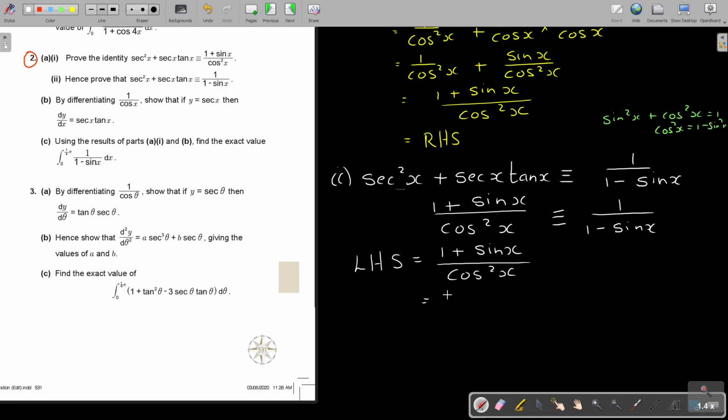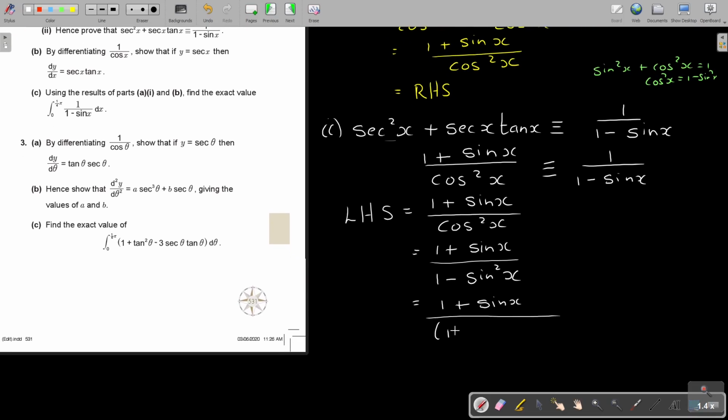So it's going to be 1 plus sin x over 1 minus sin squared x. And that is going to be 1 plus sin x over 1 minus sin x, difference between two squares, times 1 plus sin x. Put a bracket, cancel, and that's equal to 1 over 1 minus sin x, which is equal to the right-hand side. That's how I do that one.